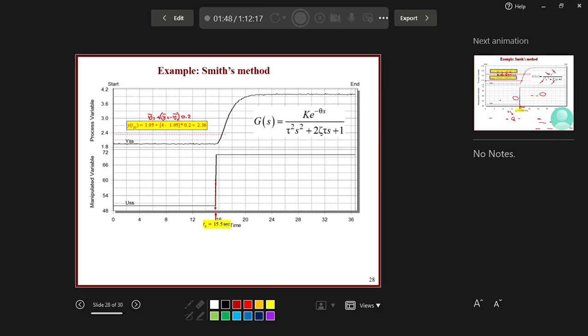Because we are taking T20, and 20 is 0.2 as a fraction. So this gives you the value of y at T20. Once you find it, here it is 2.36, I come to the y-axis, pinpoint the 2.36, then extend a horizontal line until it touches the graph of the process, and then I bring it down.